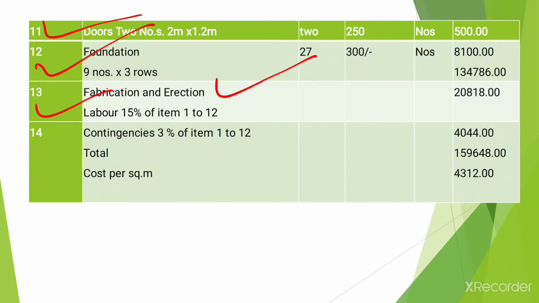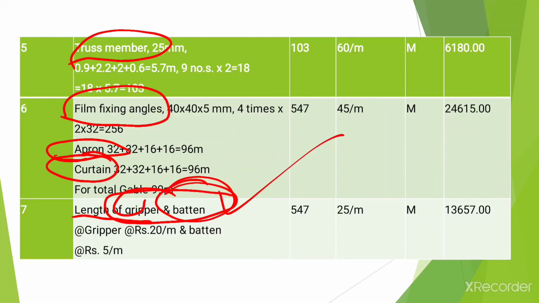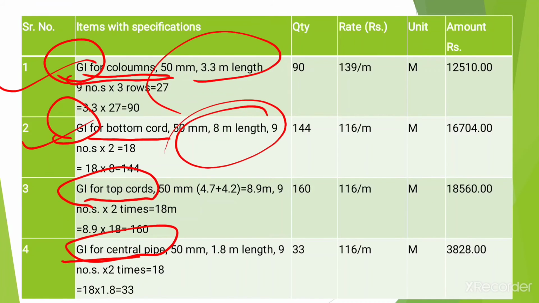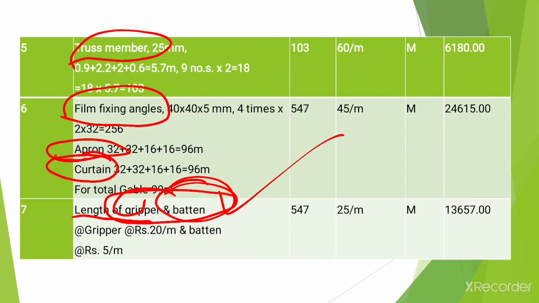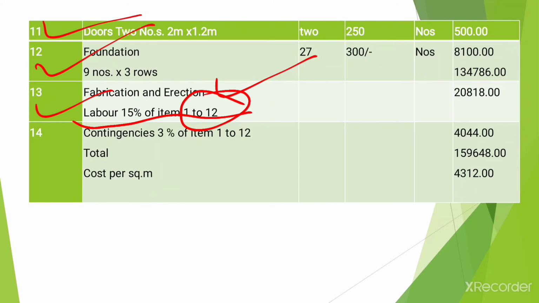Now one more point here is labor: labor is 50% of items 1 to 12. That means from number 1, 2, 3, 4 up to number 12, we have to consider 50% labor cost.